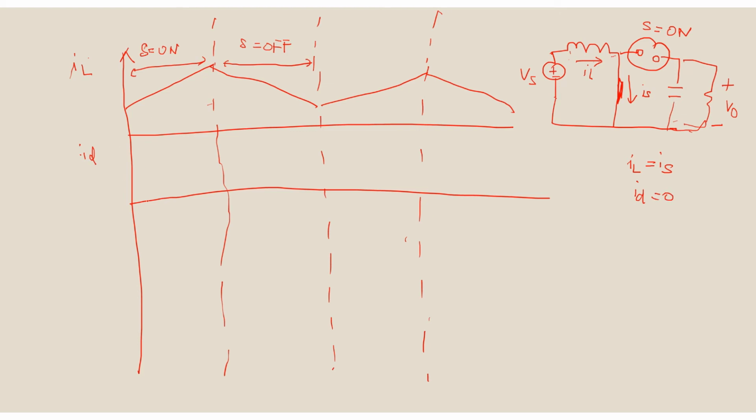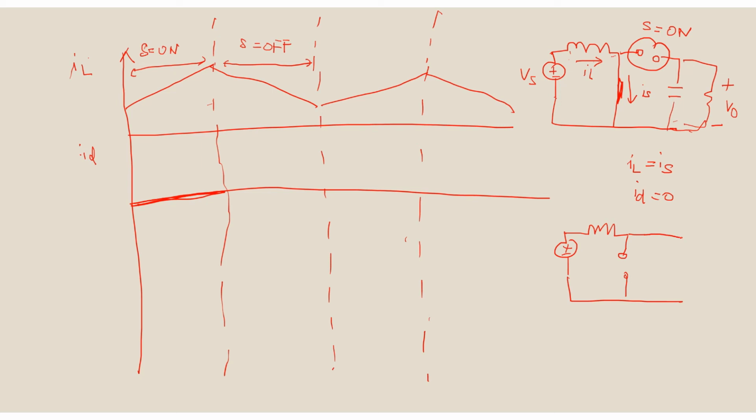So if we go back to our waveform, it means that we start when the switch is on, the ID is 0, nothing. But then if we have a look at when the switch is now open circuit, it means that the switch now is off.